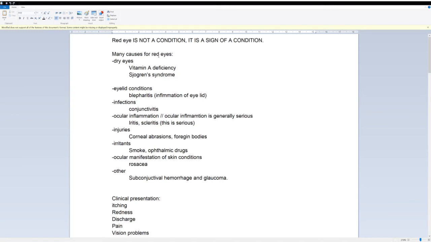If they do have discharge and it's purulent, sticky, yellow, greenish, and let's say it crusts in the morning, then chances are it's bacterial. And in that case, you can consider topical antibacterials, one of the ophthalmic medications that we looked over.